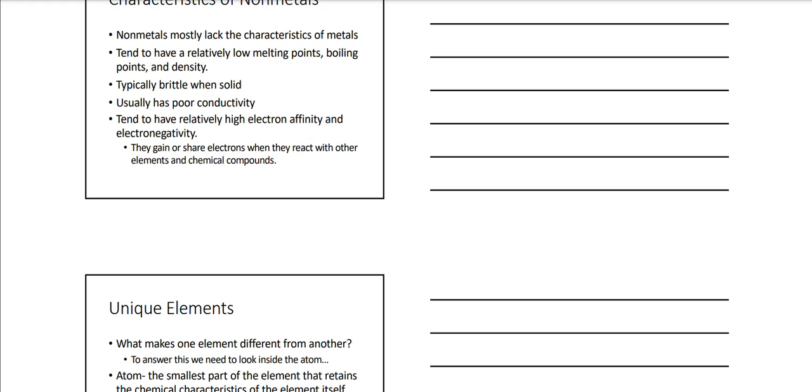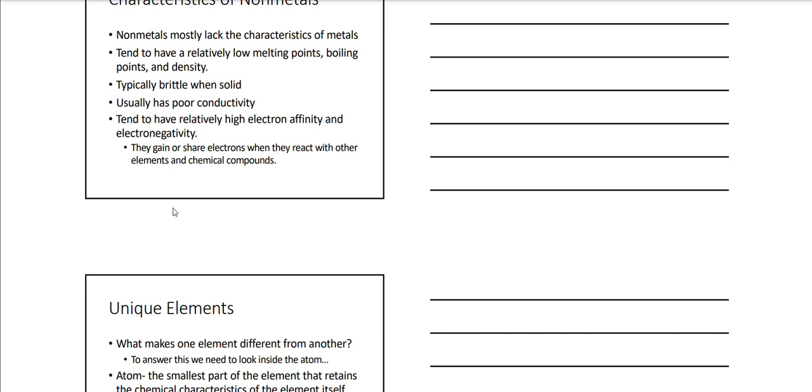The nonmetals also tend to have relatively high electron affinity, or we also call it electronegativity. What electronegativity means is the tendency or the ability of atoms to draw and attract electrons.